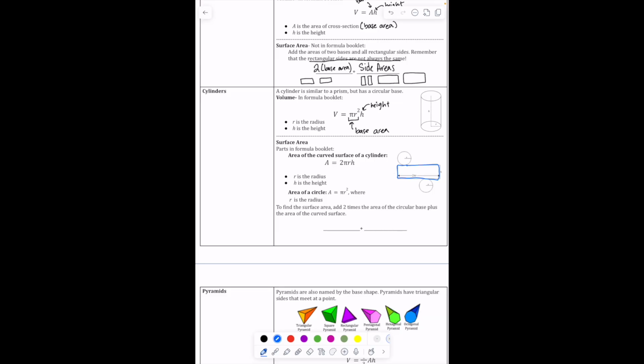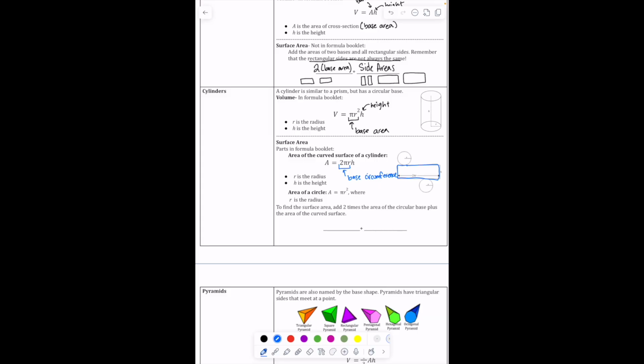And the curved surface is going to be 2 pi r, which is the circumference of the circle that we're working with, of the base, and then multiplied by the height. So this right there, 2 pi r, that is the base circumference, and then multiplied by the height of the cylinder.